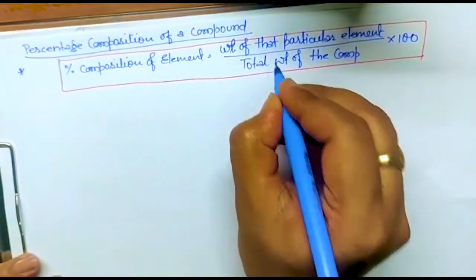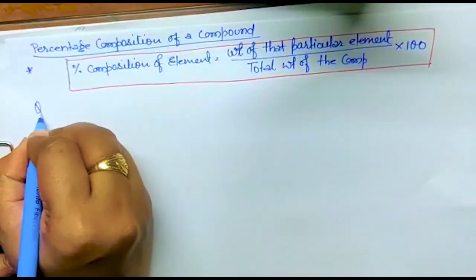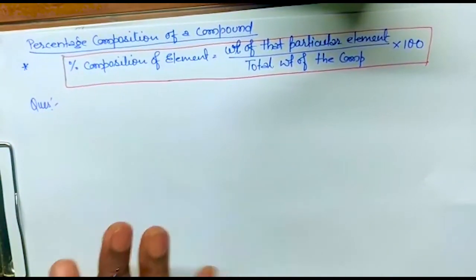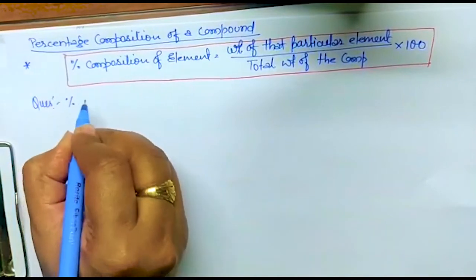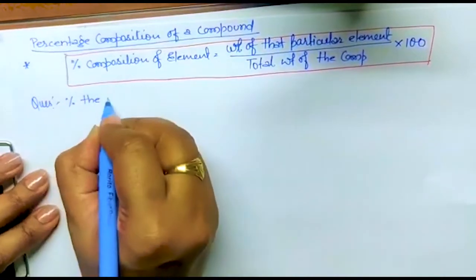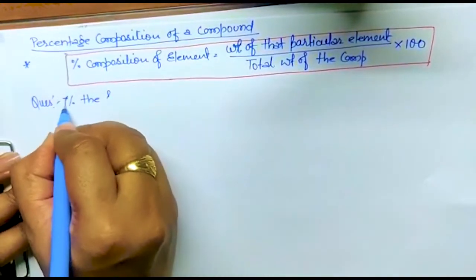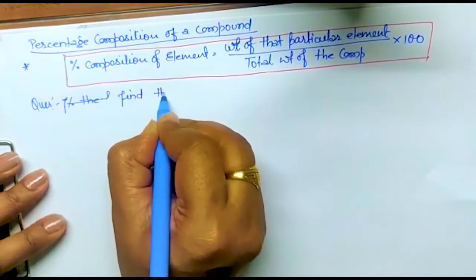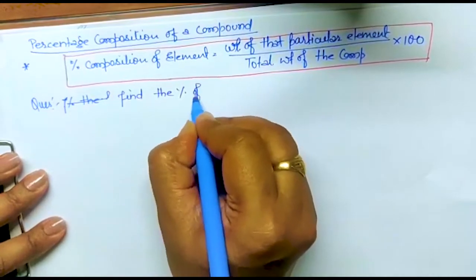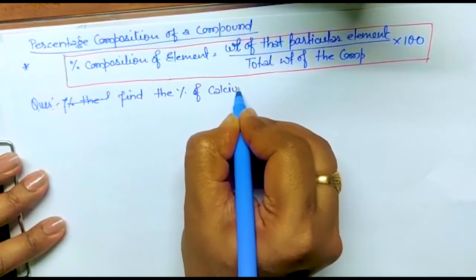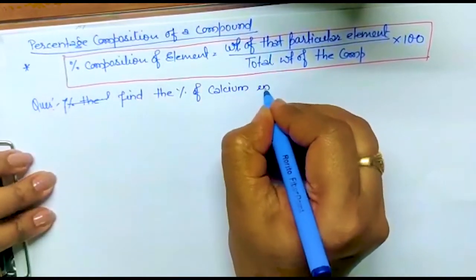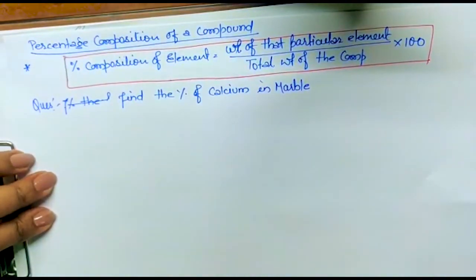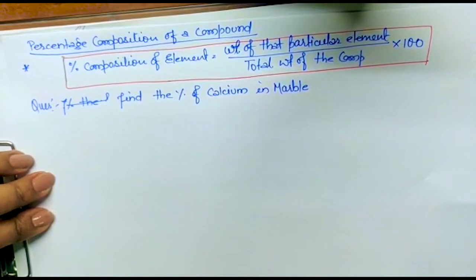Let me start with the easy question first. Question 1. Suppose I give you: find the percentage of calcium in marble. You should know the formula of marble. What is the formula of marble? CaCO3.